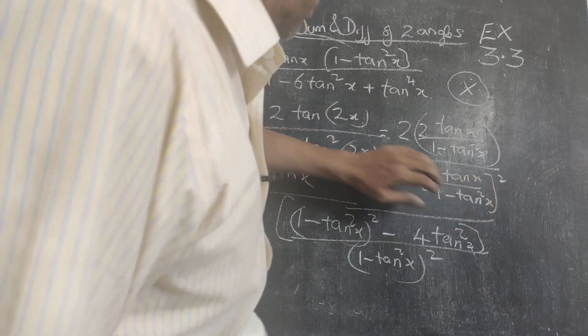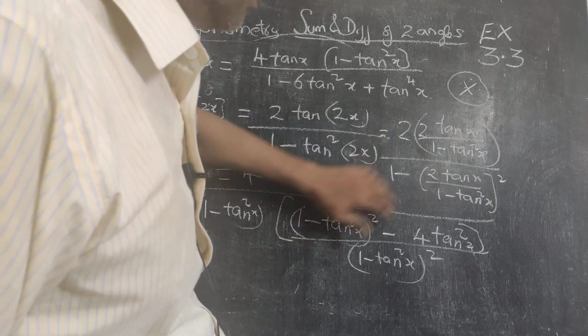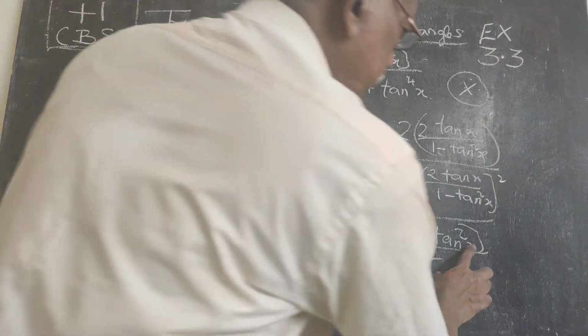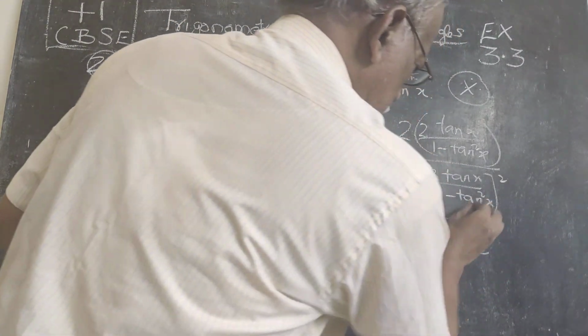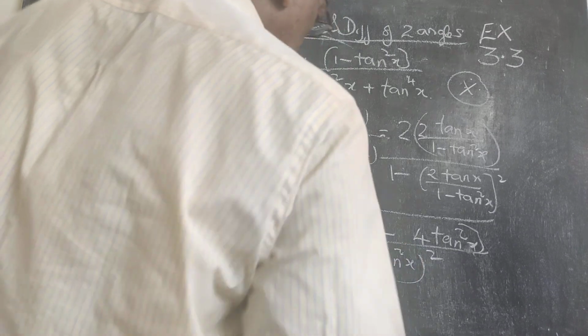I am taking the LCM, therefore 1 minus tan square x the whole square comes here and minus 4 tan square x. The denominator will be 1 minus tan square x.